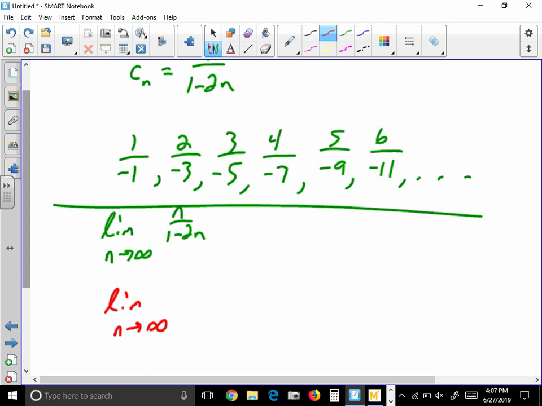Yeah, L'Hopital's rule. If that's indeterminate, take the derivative of the top, take the derivative of the bottom, and then take the limit again. And if that limit exists, then that is our limit.